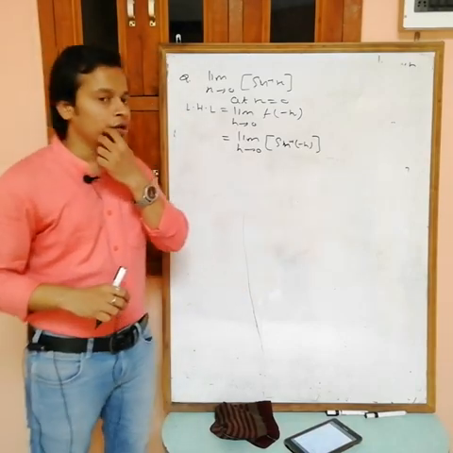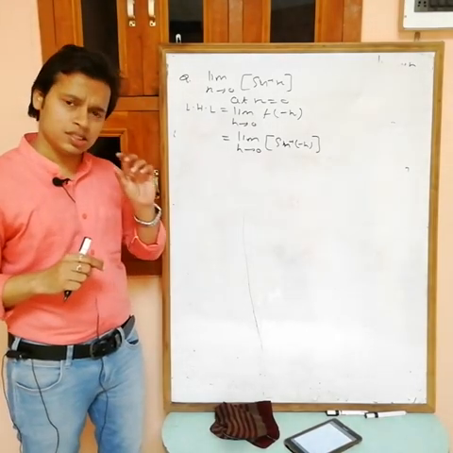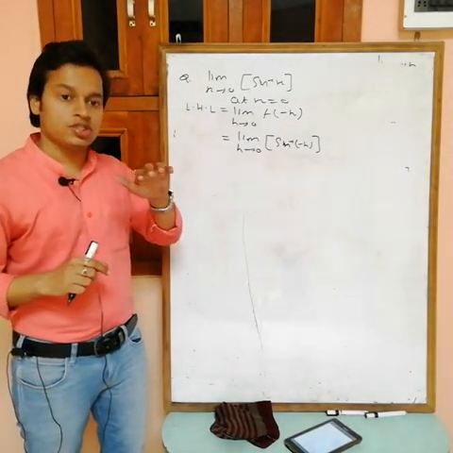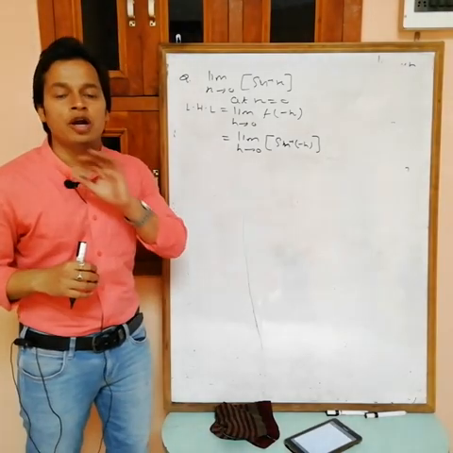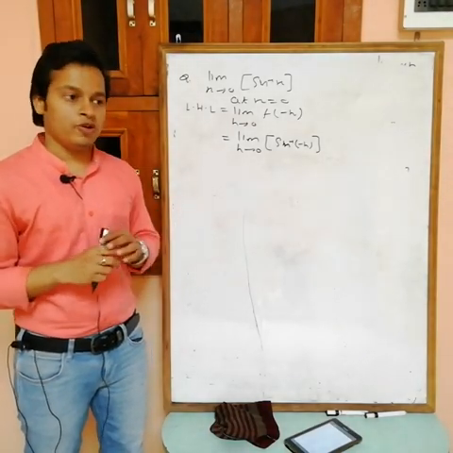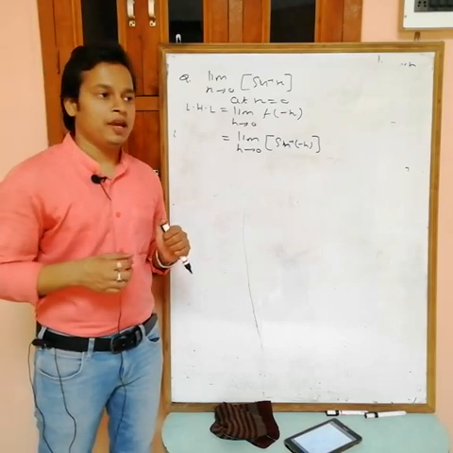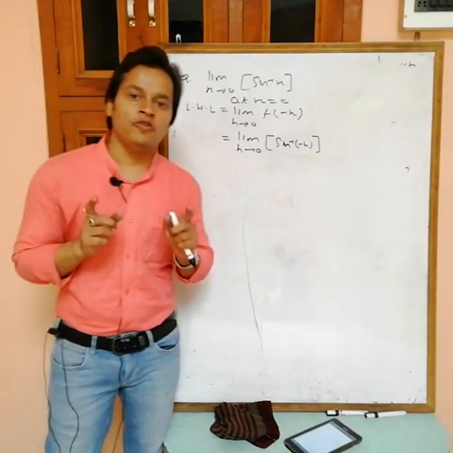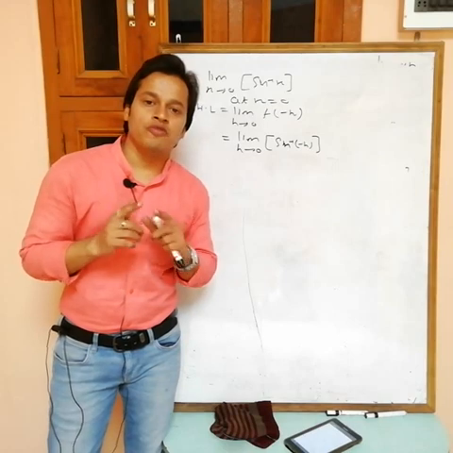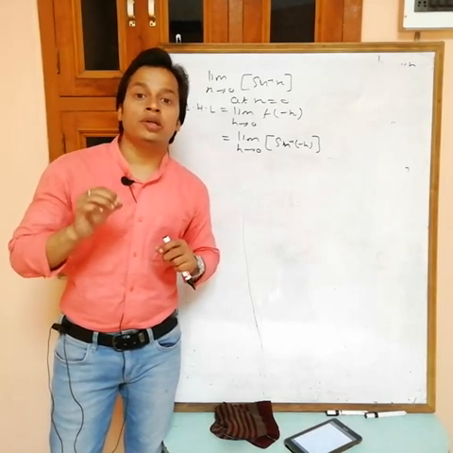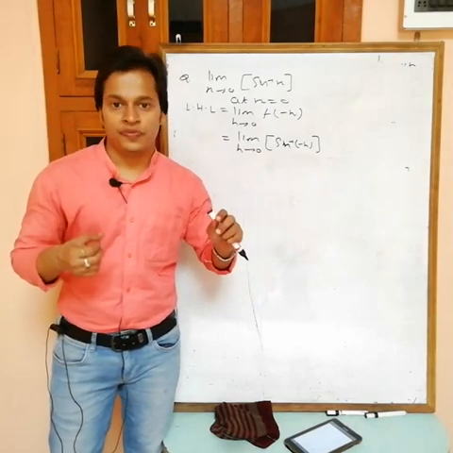Now what is the value of sine inverse minus h? Actually, any time you want a greatest integer function, you can't directly put h equals to 0, because here minor values matter in the case of the greatest integer function. Suppose the greatest integer of 0 is 0, or the greatest integer of 1 is 1, but the greatest integer of 0.99999 is 0.